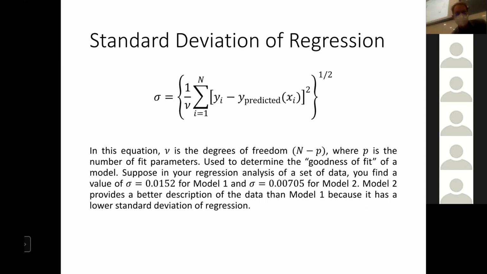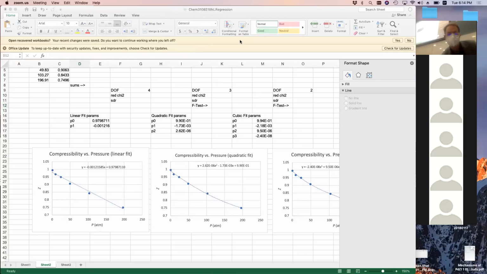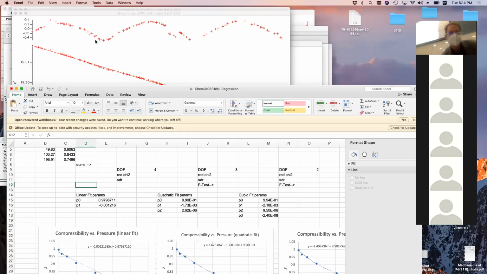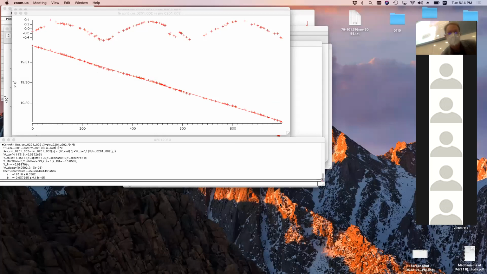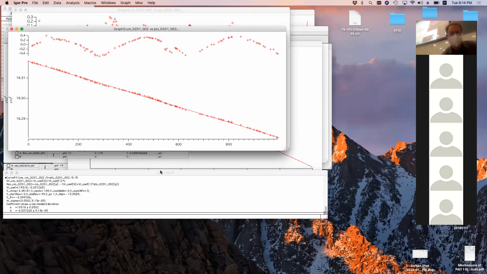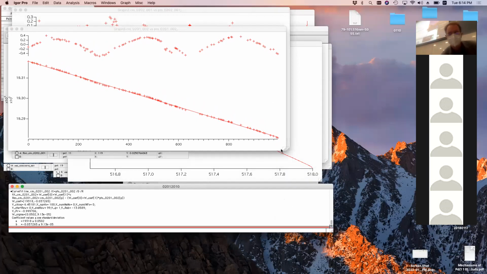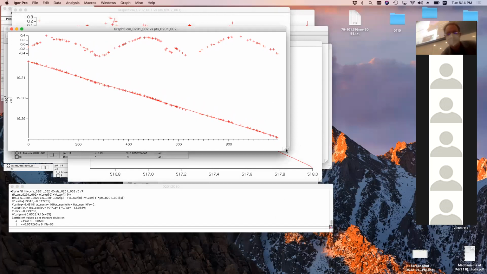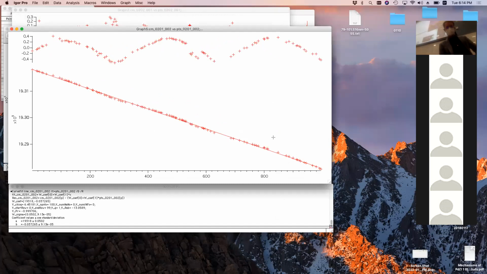I'll just show you a quick example. Okay, so shown here is some data from my own research, where in this particular experiment, I was scanning a high resolution laser, and in order to calibrate the frequency, to know what frequency you're at, at the same time that I was taking an experimental spectrum, I was also taking a reference spectrum of a molecule with known frequencies.